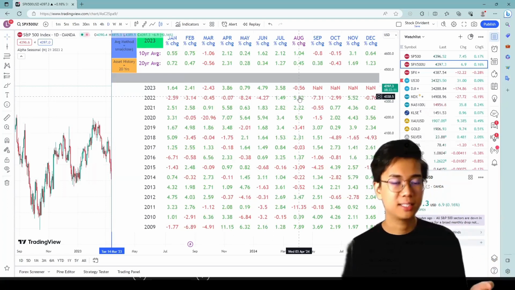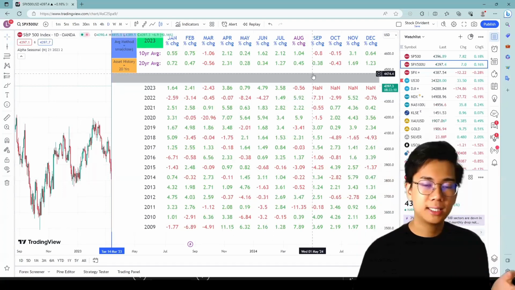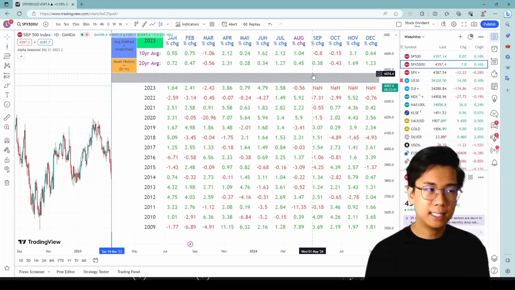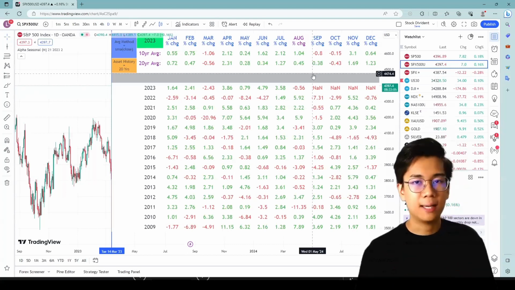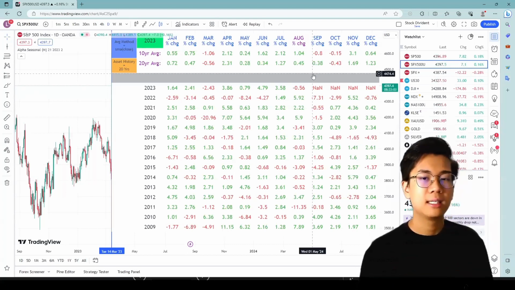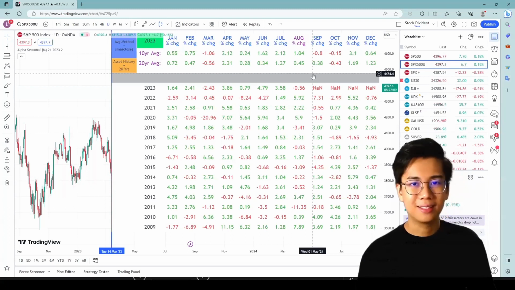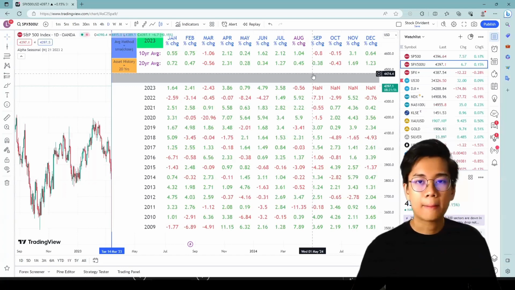This is the S&P 500 chart. And based on this, it is showing you the seasonal analysis of S&P 500 only. It's nothing to do with Apple. Maybe got lah 50% of it, because Apple is 50% of S&P ma.